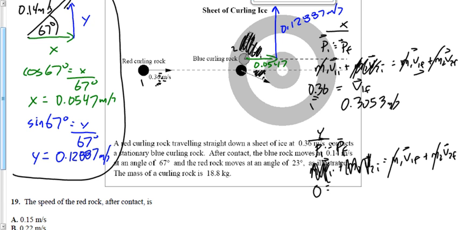V2F was 0.0547, which meant that V1F was this value, right? For this one, V1F, we don't know. Red curling rock, we don't know. So we're trying to find V2F is going to be what? V2F, Spencer, what's V2F going to be? The blue curling rock, Y component after. Good. So I had the right numbers. I just was calling it the wrong variable.